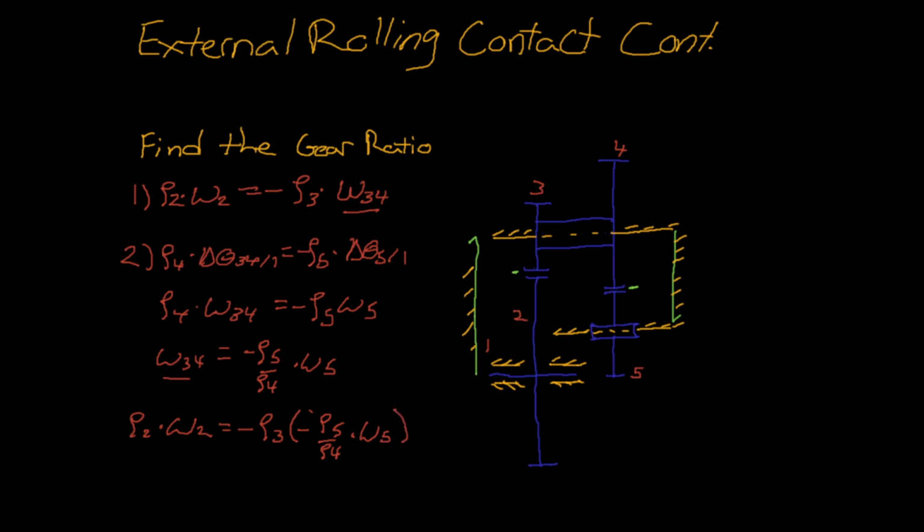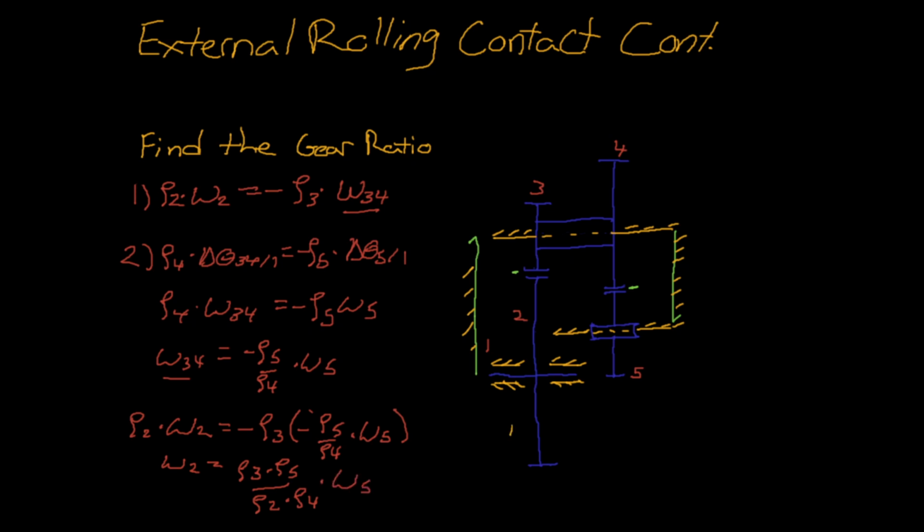And then if we solve for omega 2, we get omega 2 is equal to, the minuses cancel, and we have ρ3 times ρ5 over ρ2 times ρ4 times omega 5.